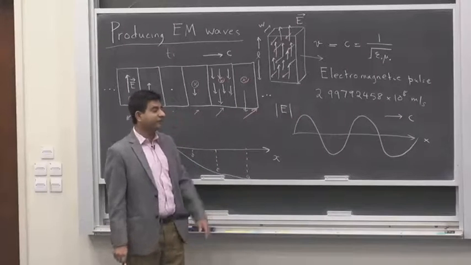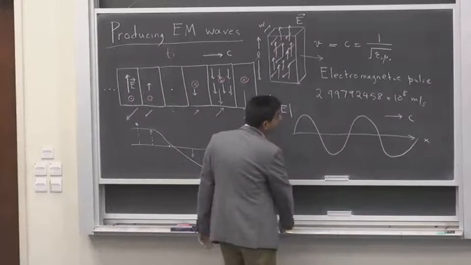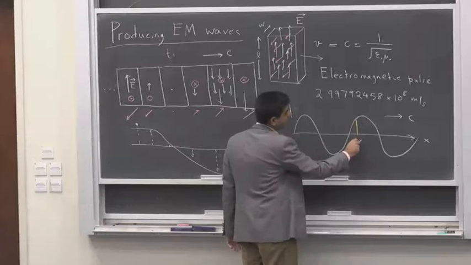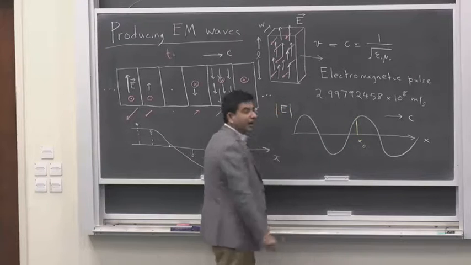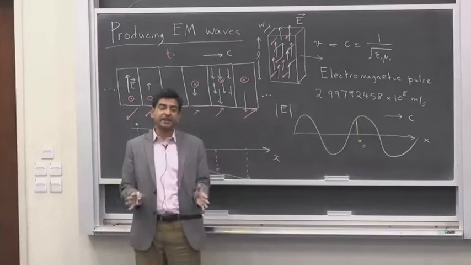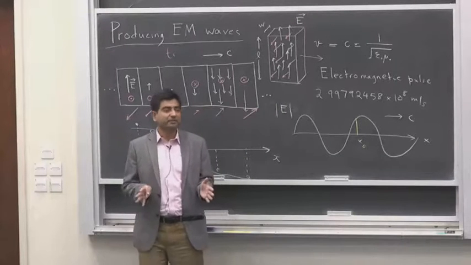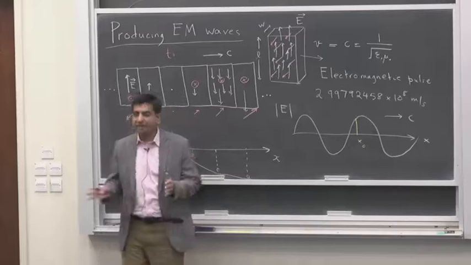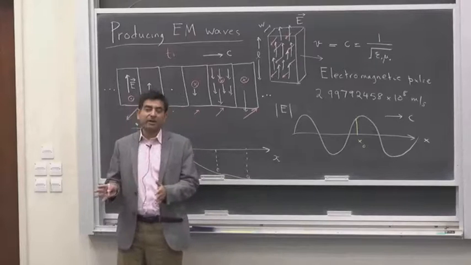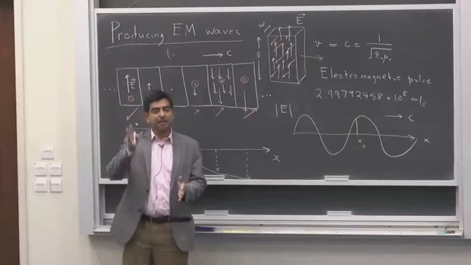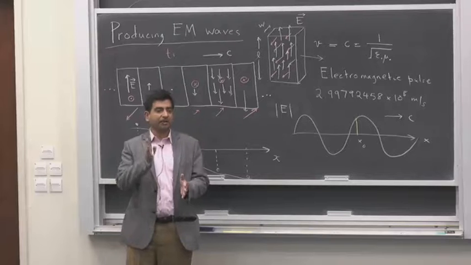Since it's propagating forward with the speed c, if I fix my position at x naught, and find out how the electric field that's hitting me at x naught changes with time, I will again get an oscillatory function, because all of these slabs are coming and rushing through me one after the other. The electric field is going up and down in a harmonic fashion.